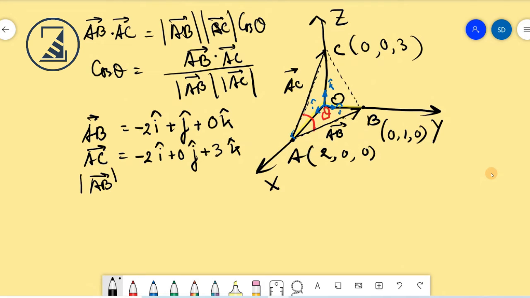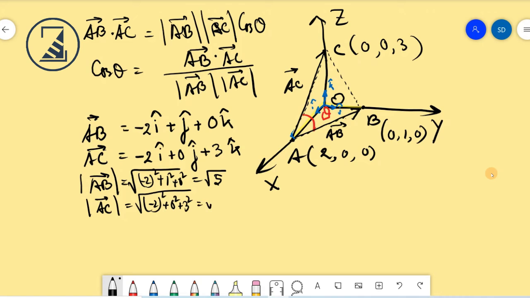The magnitude of AB is going to be square root of minus 2 whole square plus 1 square plus 0 square. It is square root of 5, and magnitude of AC vector is square root of minus 2 square plus 0 square plus 3 square, which is square root of 13. Now I have to find AB dot AC.